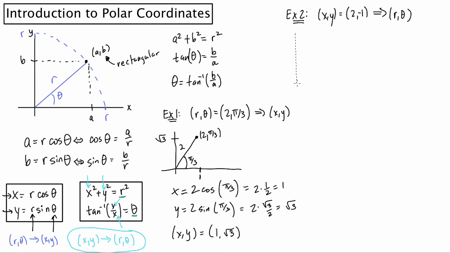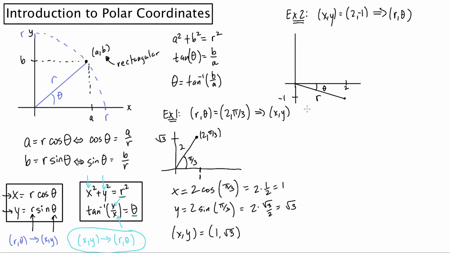So the picture here is going to involve us having this point. So we're at 2 and -1. So we are looking at this point, which would involve this angle right here and an unknown radius. So I need to find the angle and the radius in this case.